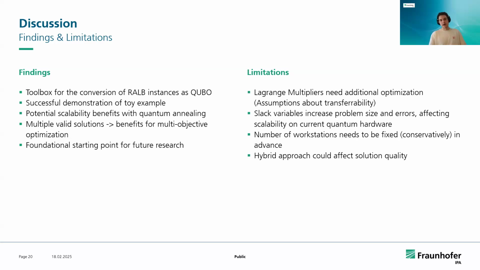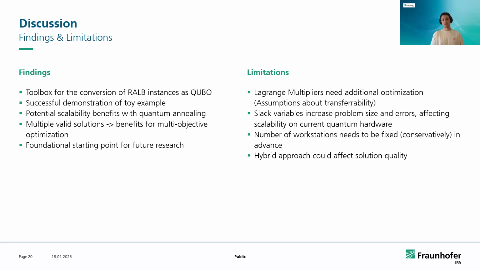And also the hybrid approach, QBSolve, which we used in this work, might introduce some limitations on solution quality. Because we don't solve the full QUBO on the quantum annealer, but with this hybrid heuristic search, we might get suboptimal solutions.